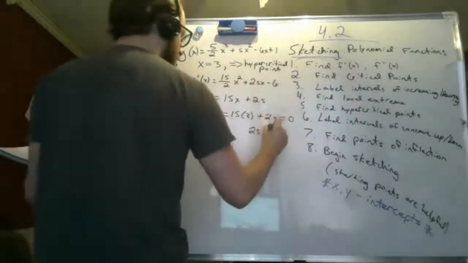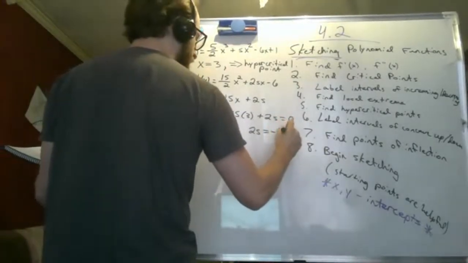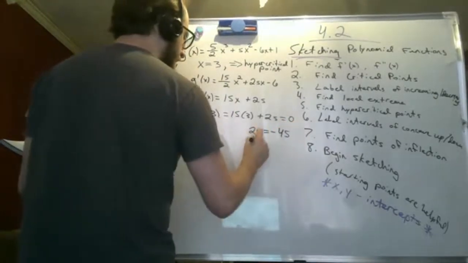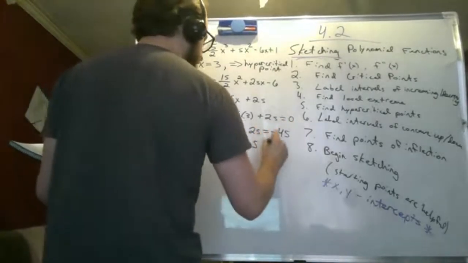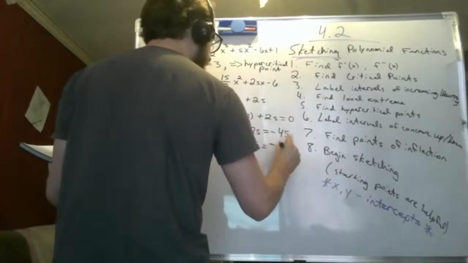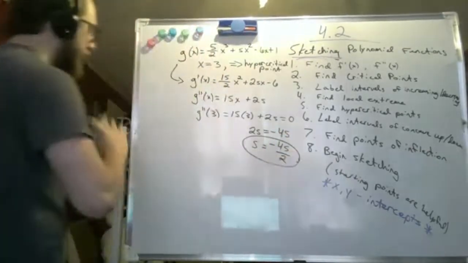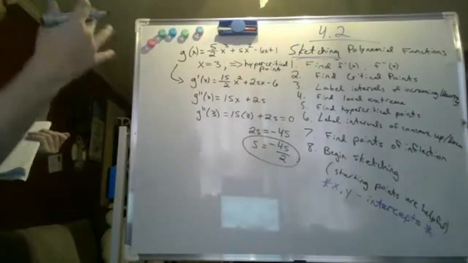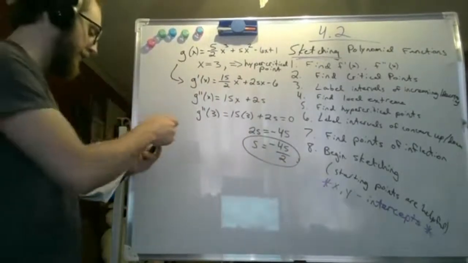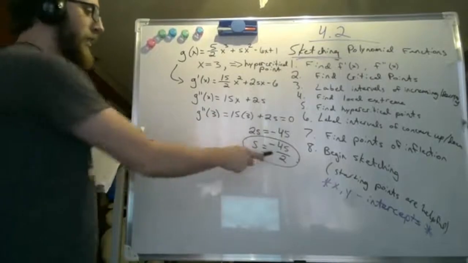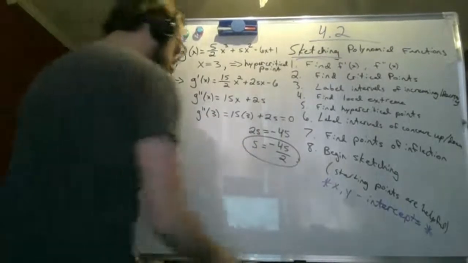So I'm going to subtract it over. We got negative 45 on the right side. Divided by 2, s is equal to negative 45 halves. And that's it. There's our final answer. We've solved the question. And that's a perfectly valid answer there, and it's okay to leave answers in fractions like that.